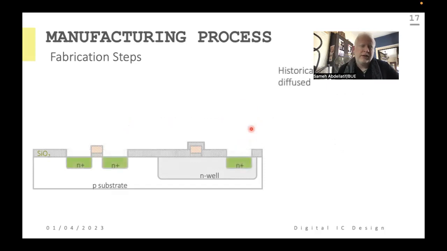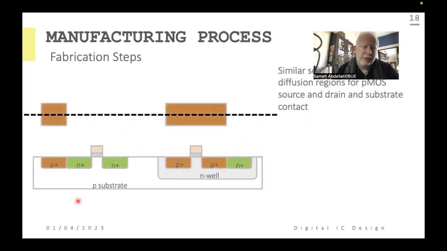Then we have these three small N-doping regions: source, drain, and the well tap. On the other hand, a similar process is implemented for the p-type doping, as you can see here. Again, we have a source and drain for the P-channel MOSFET, and we also have a substrate tap here on the left. So this is the next step.